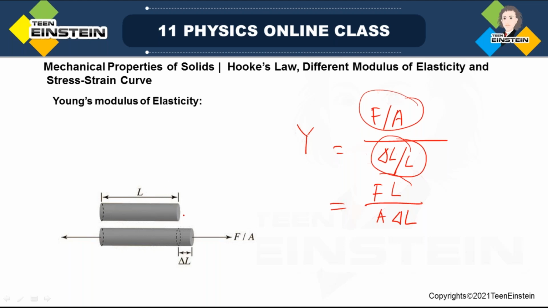Now, since this wire is circular, the area of cross section can be written as pi r square.